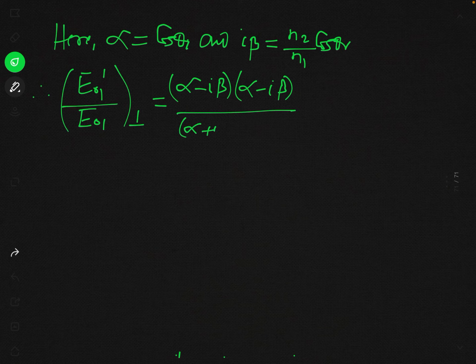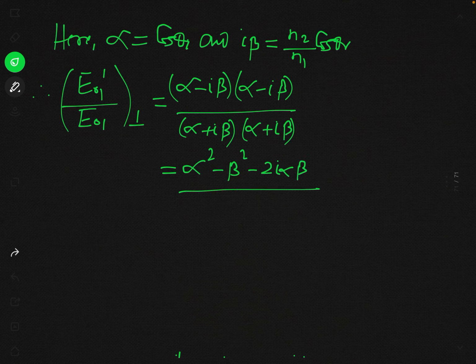This will be alpha minus I beta times alpha minus I beta over alpha plus I beta times alpha minus I beta. The numerator, alpha minus I beta times alpha minus I beta, is alpha square minus beta square minus 2I alpha beta.